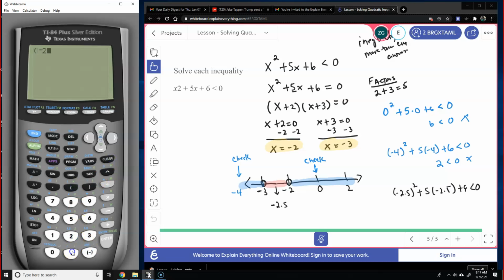And let's see what happens. It's negative 0.25, and that is less than 0. That's true. So your answer will be x is greater than negative 3 and x is less than negative 2.